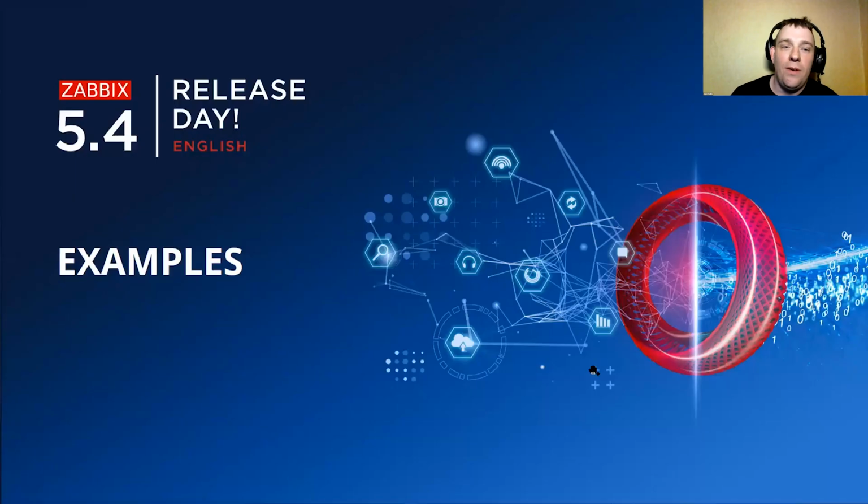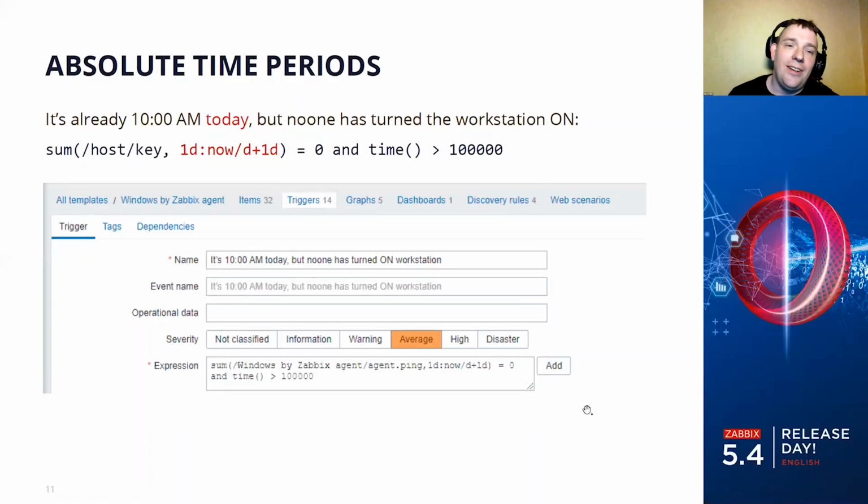Okay, going further, some examples of what you can accomplish now that was not possible before. Let's have some samples per absolute time period. For example, today: we want a trigger which does something with today's date, just after midnight.